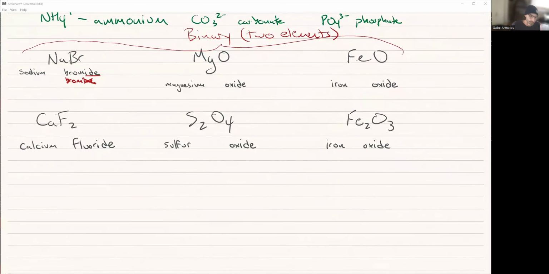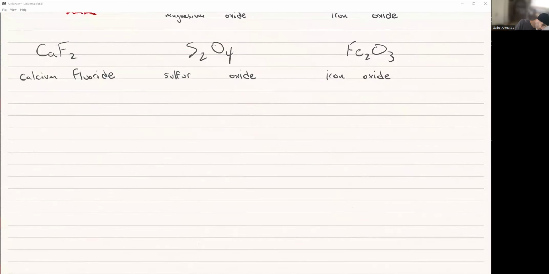If you look at the periodic table, there's certain things that we're certain about. We know that group 1 is going to have a fixed charge: lithium, sodium, potassium, rubidium, and cesium all have a fixed charge.